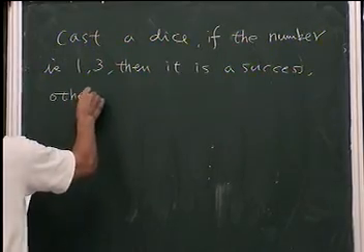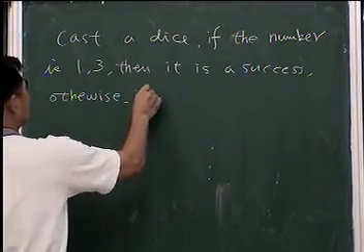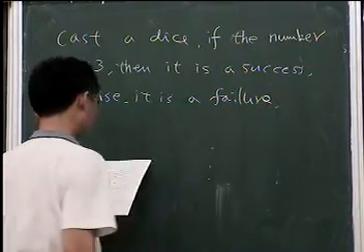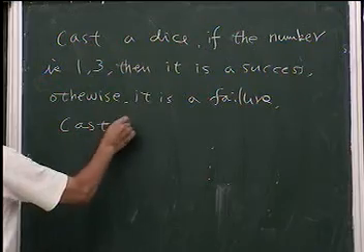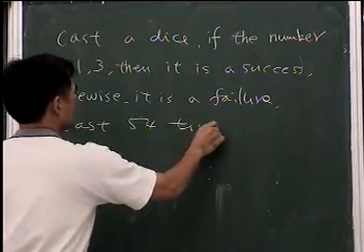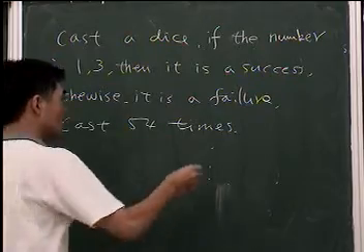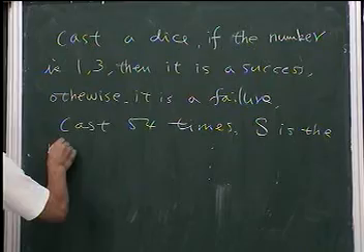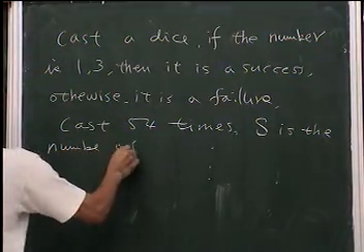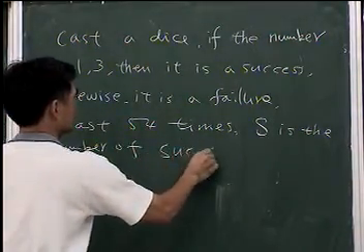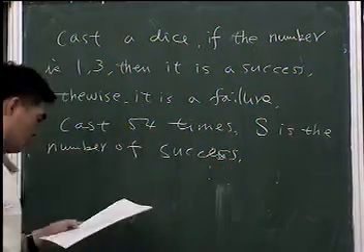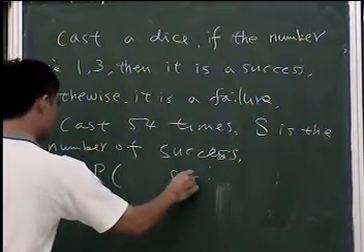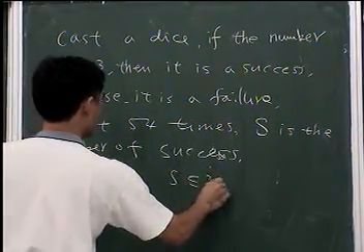Otherwise, it is a failure. Now we cast 54 times. Okay? And S is the number of successes. So the first one, try to find the probability of S is less than or equal to 20, okay, greater than or equal to 10.